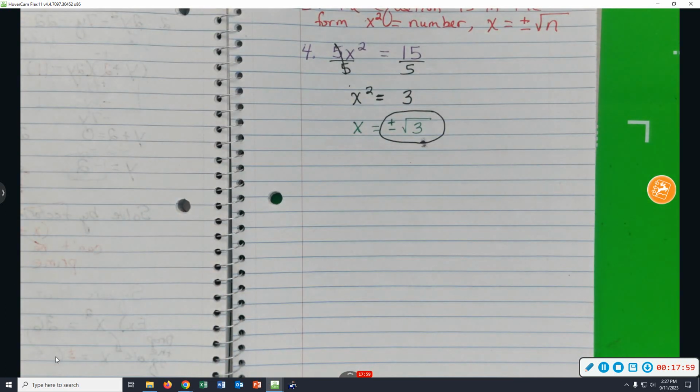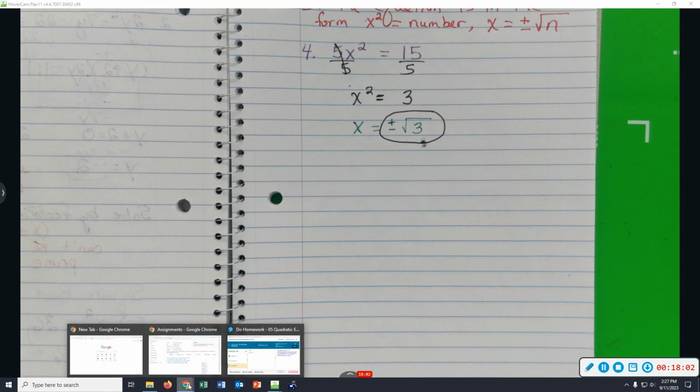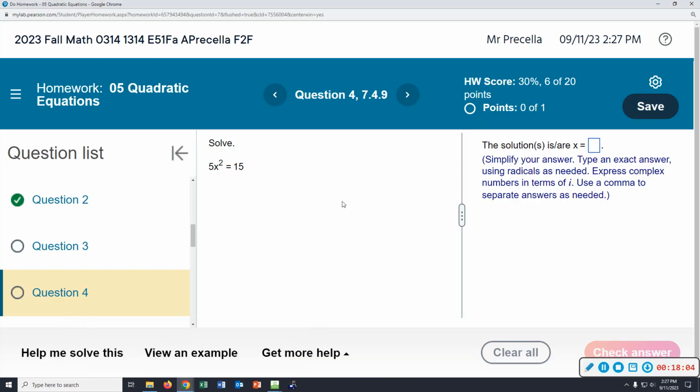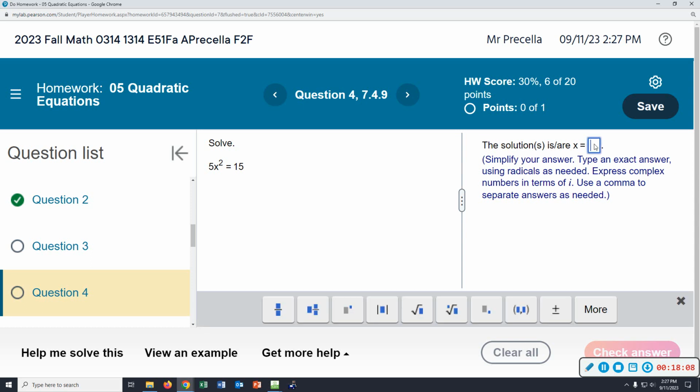So I type in, way back, it might be 10 years ago or maybe 8 years ago, Pearson didn't have a plus minus key. Okay? And if you wanted to type positive 13 and negative 13, you had to type them in separately using a comma.